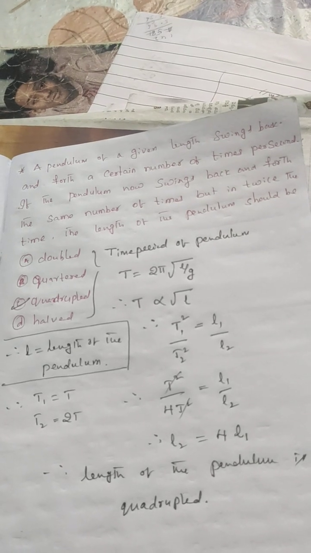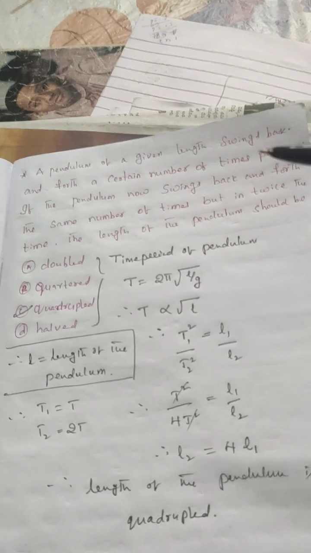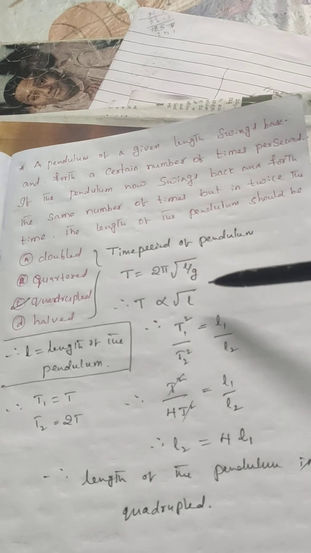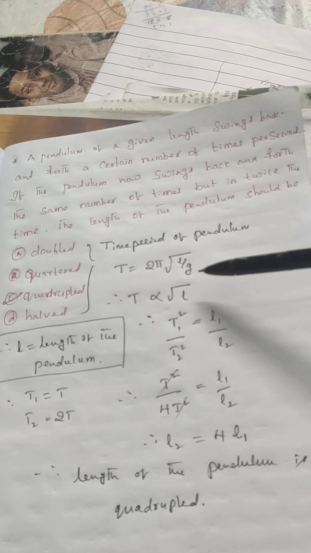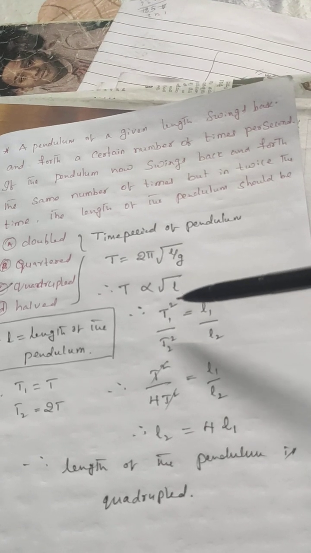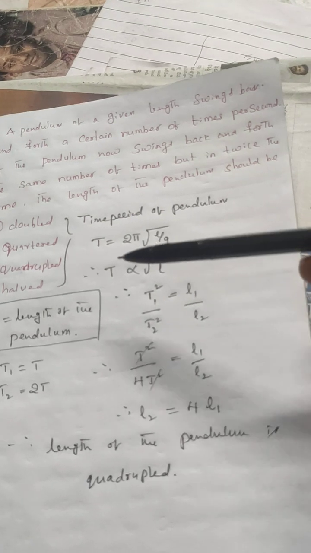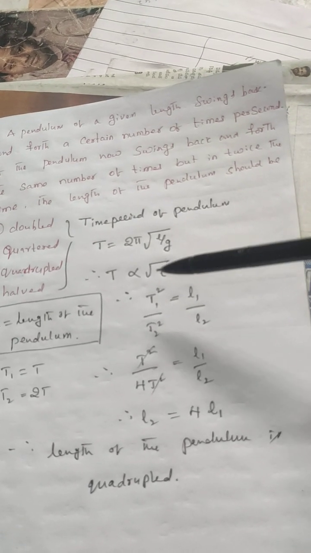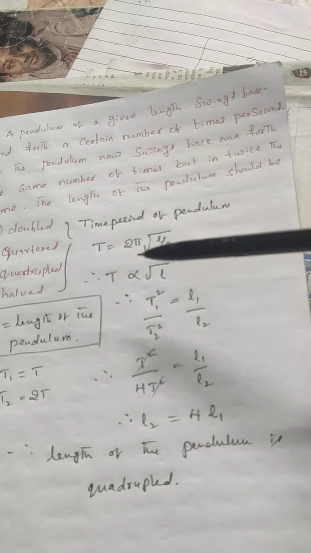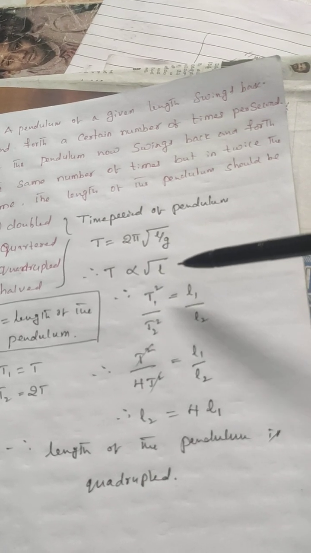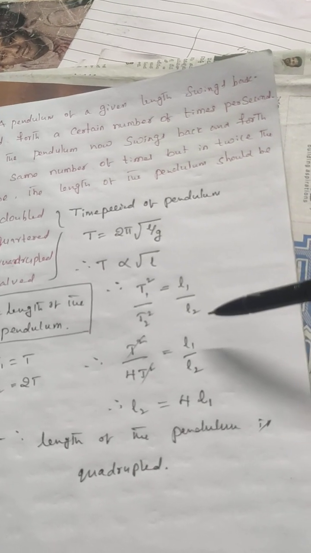What is the time period of a pendulum? T is equal to 2 pi into square root of L by g. That means time period is directly proportional to the square root of L. Both sides we should square. T squared is proportional to L.